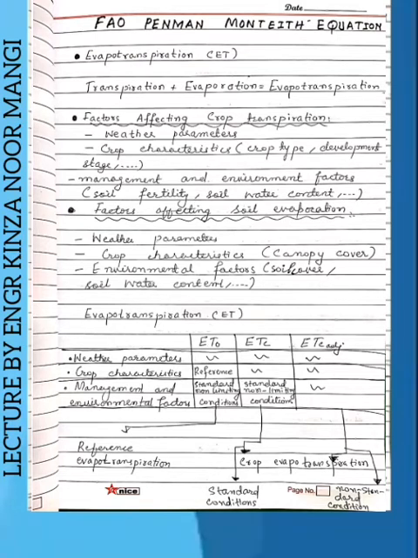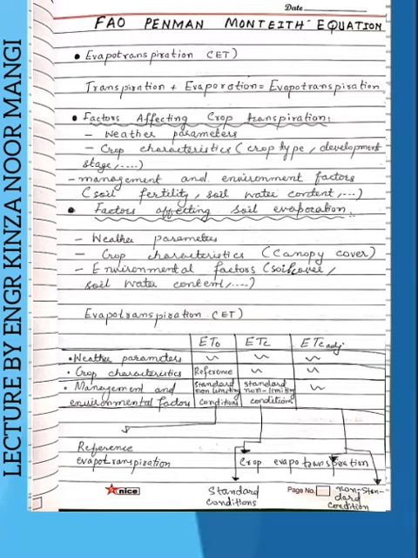I have mentioned some major headings of the factors that affect crop transpiration and soil evaporation. The first one is the weather parameter: if the weather is dry and hot, then the evapotranspiration will be greater. The second is the crop characteristics, like which type of crop it is and what its developmental stage is.